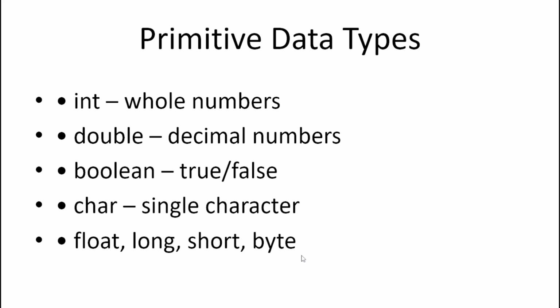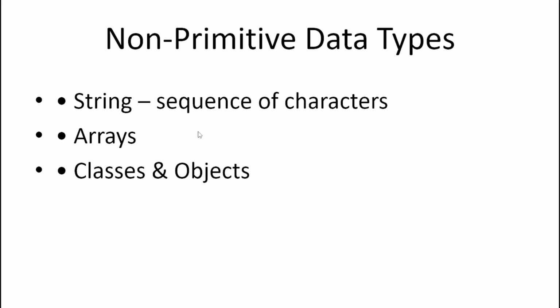Then we move to the next one, non-primitive data types. Non-primitive data types include string, array, and classes in Java. Any other language is also the same. In OOPs, the concept is non-primitive data types. They store more complex data and have built-in methods.